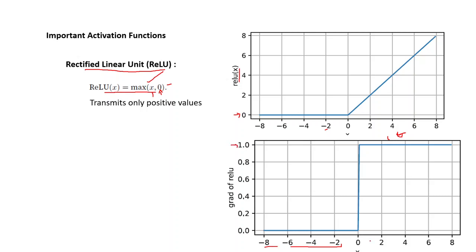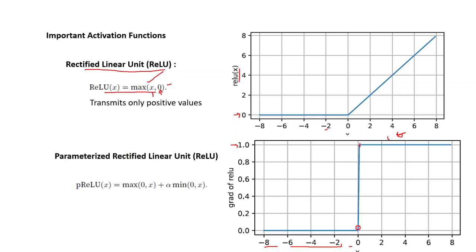Now at this point there is a problem. At the point 0, again this is jumping from the value 0 to the value 1. So what we take is, when the value of x is 0, we take the left hand side derivative, and we have fixed that the derivative at point 0 in the ReLU function is 0.